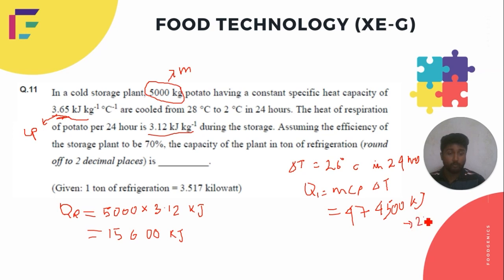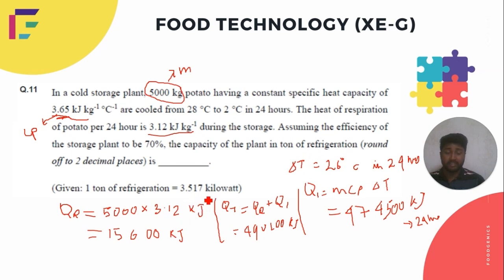Now if I calculate the Q total, it is equal to QR plus Q1, so the value comes out to be 490,100 kilojoule.